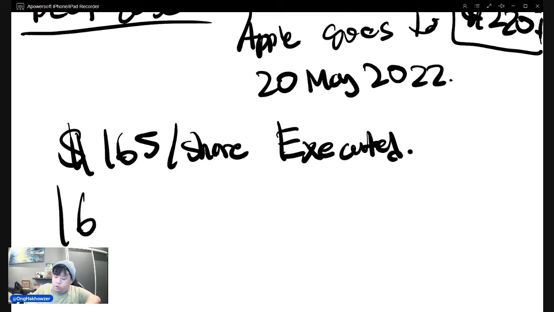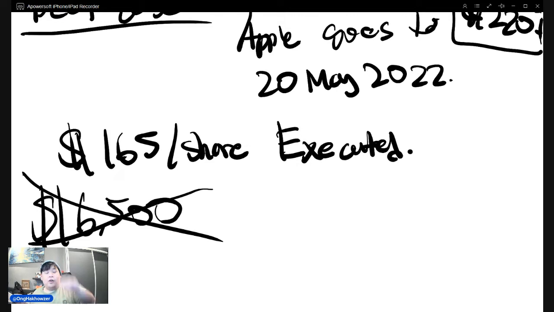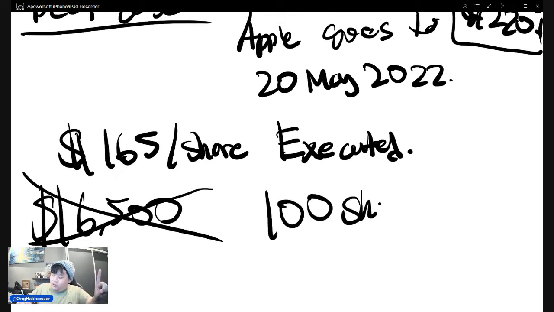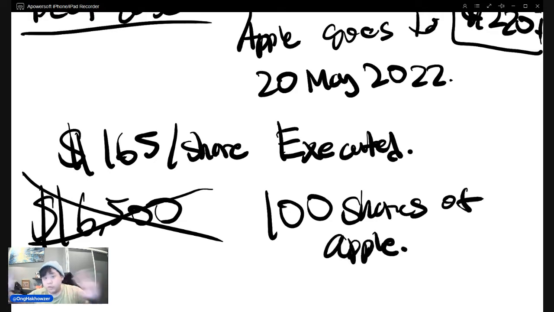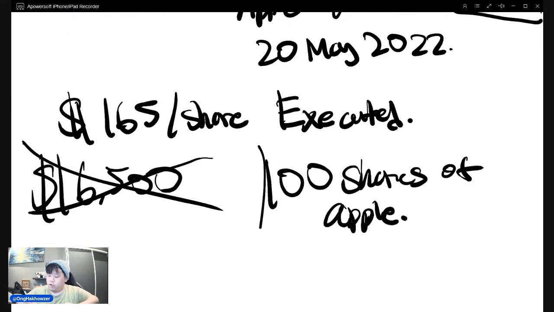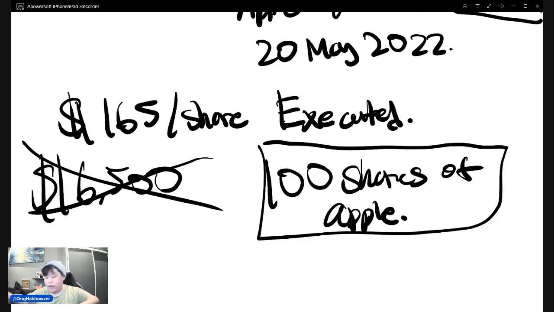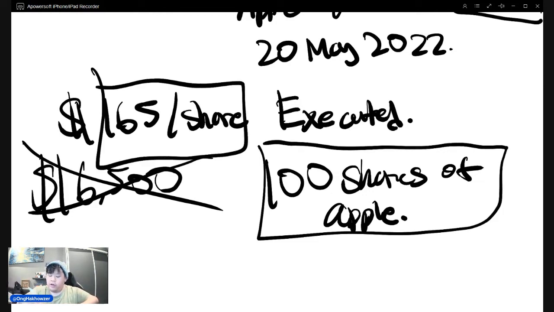You're going to lose your $16,500, and you're going to be getting 100 shares of Apple. You'll be a proud owner of 100 shares of Apple at $165 per share.